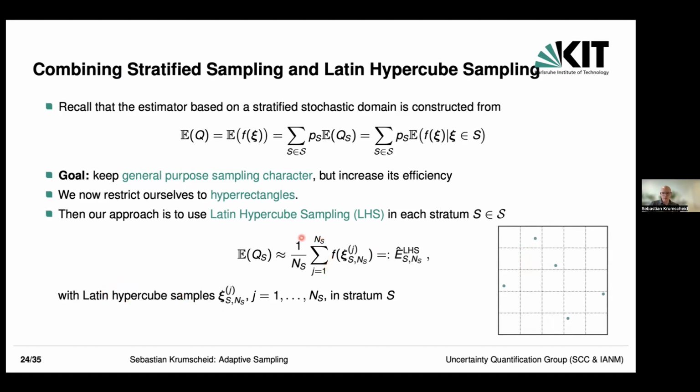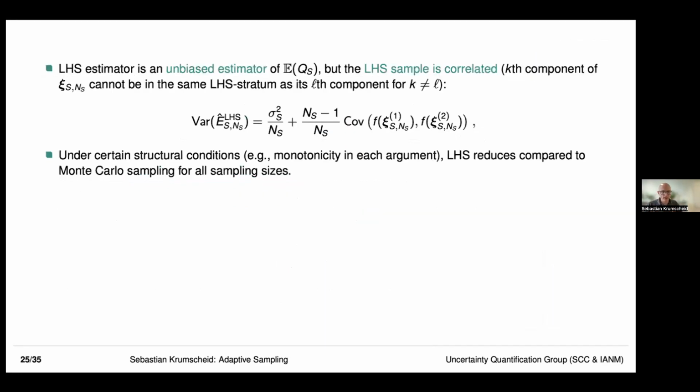We still compute our average, and that's our estimate for our expectation, the Latin Hypercube sampling estimator. This is then plugged in here, and we have our estimator that combines stratifying the domain, and then in each stratum we're doing Latin Hypercube sampling. That was our idea. Now, Latin Hypercube sampling is in principle fairly well understood.